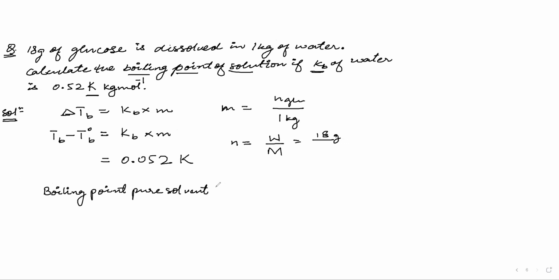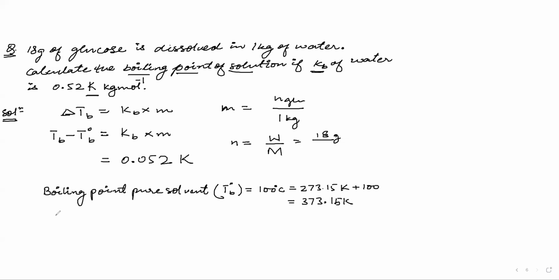Pure solvent is represented as the boiling point of pure solvent, T naught B. Yes, this is T naught B. This is equal to how much? 100 degrees Celsius, which will be equal to 273.15 Kelvin plus 100, which is 373.15 Kelvin.